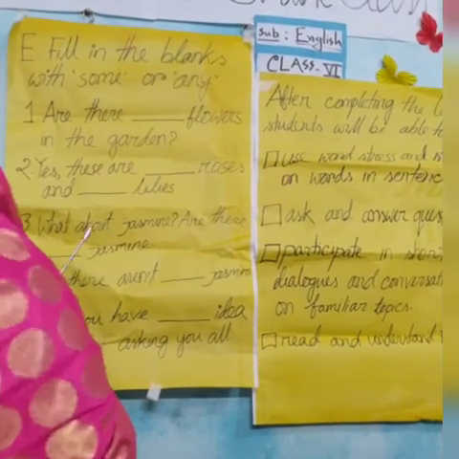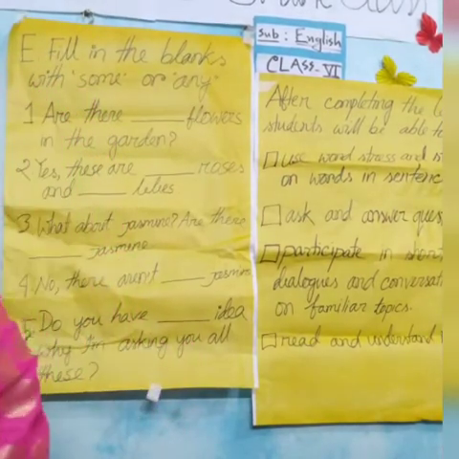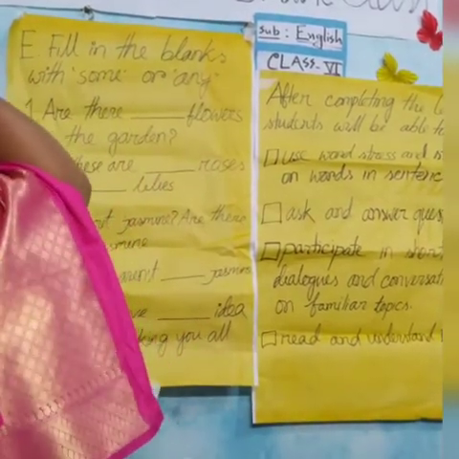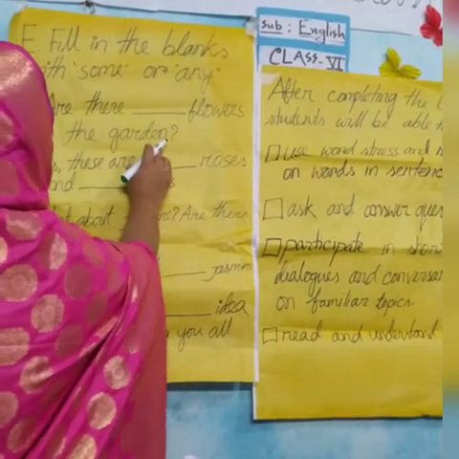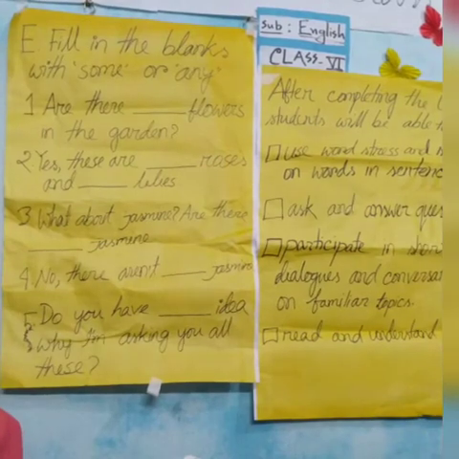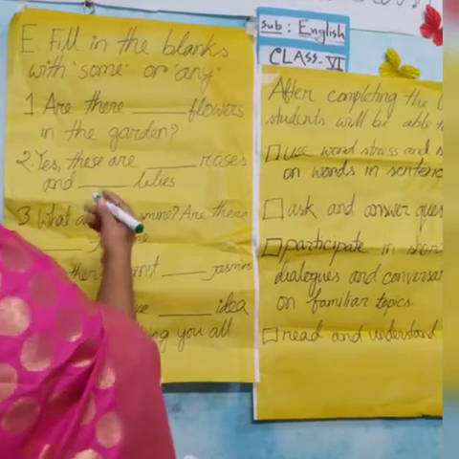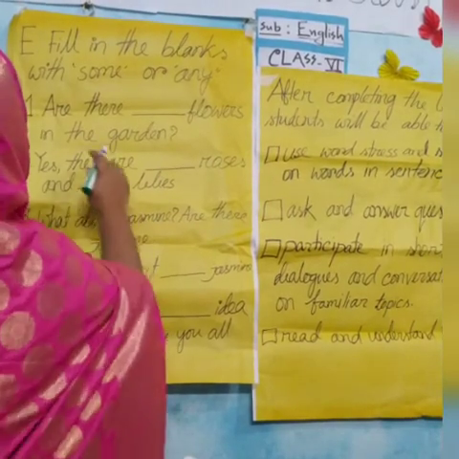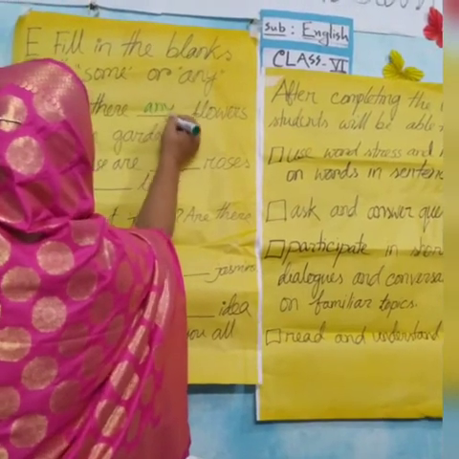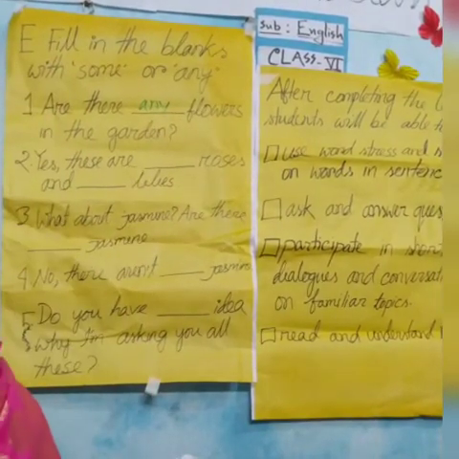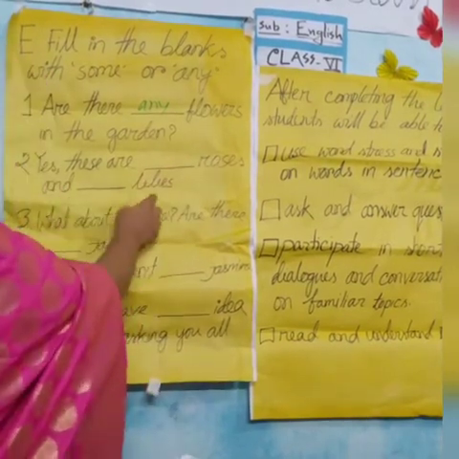So the answer will be, are there any flowers in the garden? The statement is a question, so we have to use any here. Yes, there are some roses and some lilies.